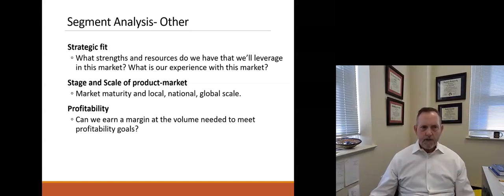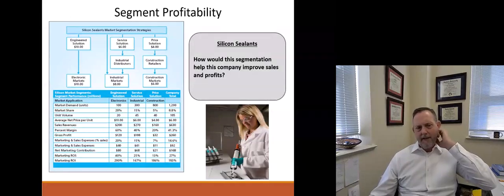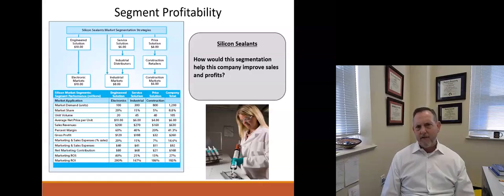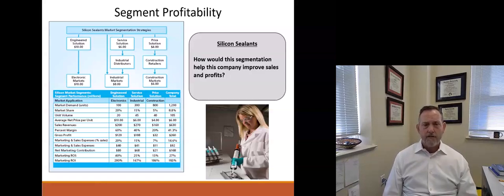All right. So again, looking at this profitability thing, here's a little chart. This exciting product category called silicon sealants. We have three different groups of consumers: the electronic markets, the industrial markets, and the construction markets. So we have three different market profiles, or market segments.